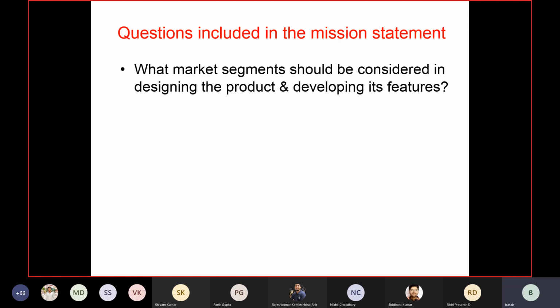We run after some missions. So what is the mission? The answers to all these critical questions we saw in the initial slide are basically included in a mission statement for the team.